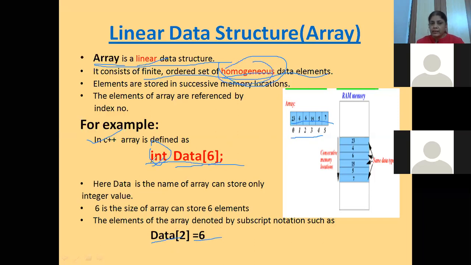That's why its data type is given along with this: this array named data can store only integer values. You cannot store any other data type if it is defined as integer. Okay, so here data is the name of the array, 6 is the size, and you access each and every element through the index number of the array.